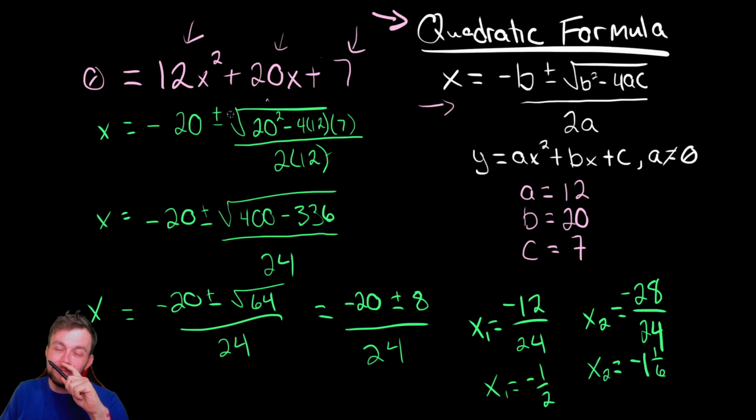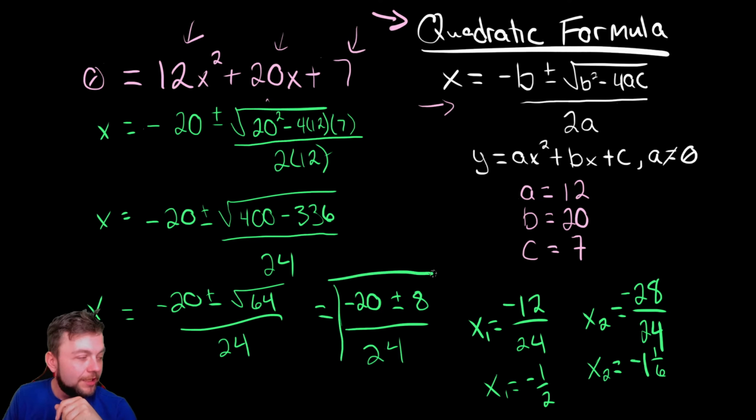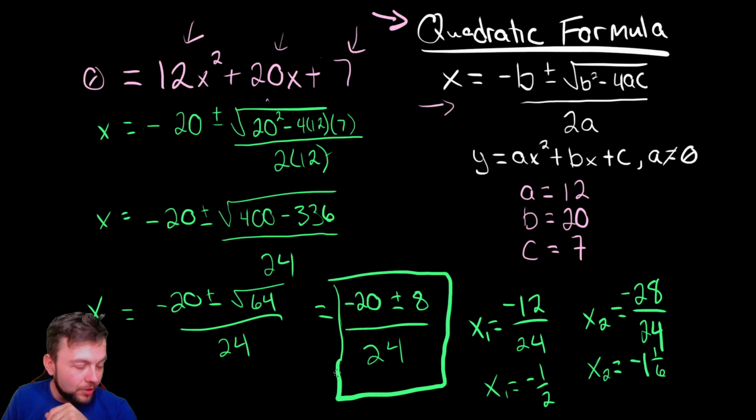From what I've seen on practice tests, like the math practice test, they like to leave it in this form sometimes, where it has the plus or minus. My preference, if you were sitting in my classroom, I would tell you to split it up, right?